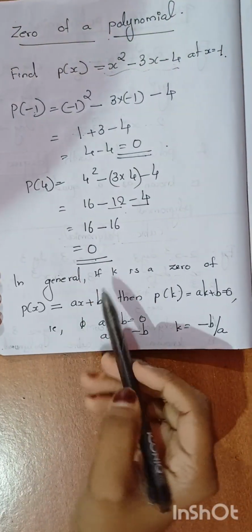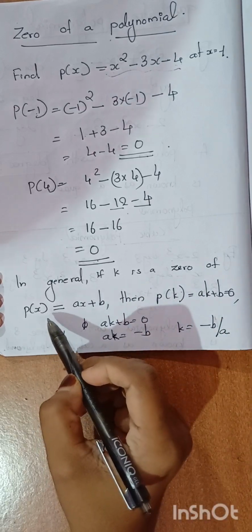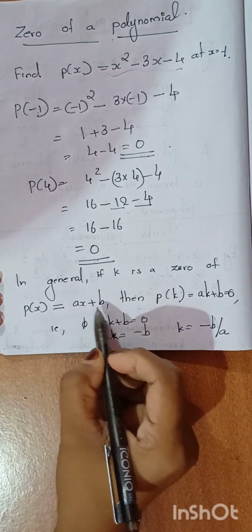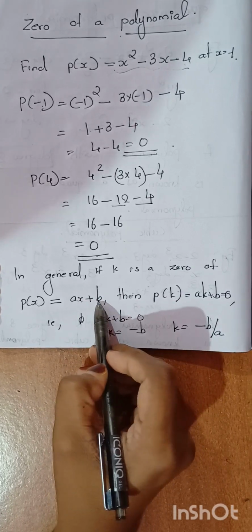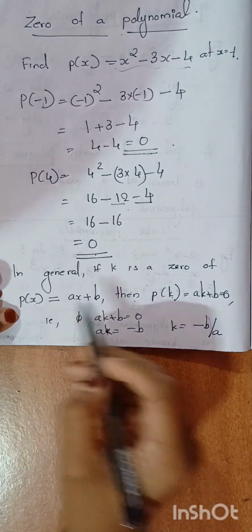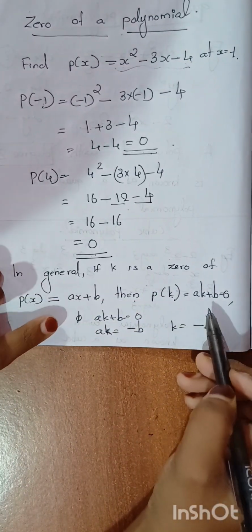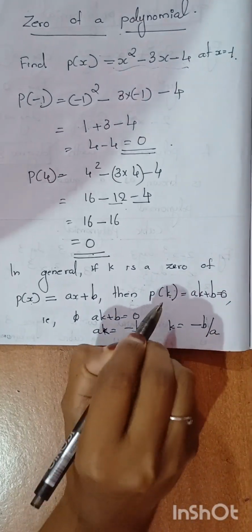Okay, in general we can say that if k is a zero of p of x, where the polynomial p of x is equal to ax plus b, where a is the coefficient of x and b is the constant term, then substitute k in place of x, p of k is equal to ak plus b, which is equal to 0 if k is the zero of the polynomial.